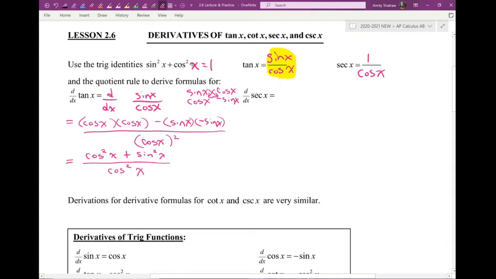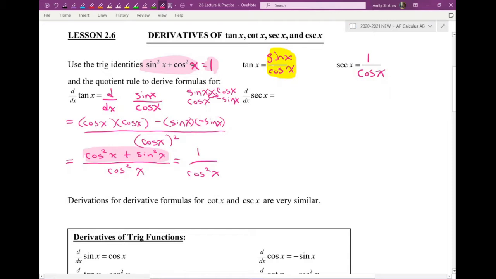And then I say, okay, yeah, we do know that. And since we know that that's equal to 1, we just discussed how I was going to use this identity. I'm going to go ahead and use it right here. And I'm going to say that this is really equal to 1 over cosine squared of x.